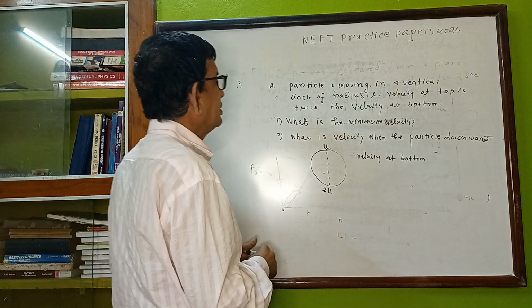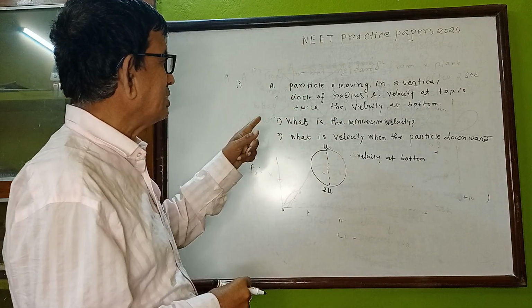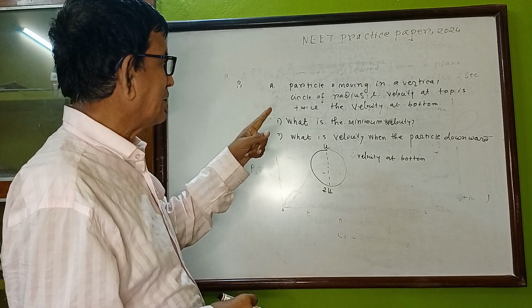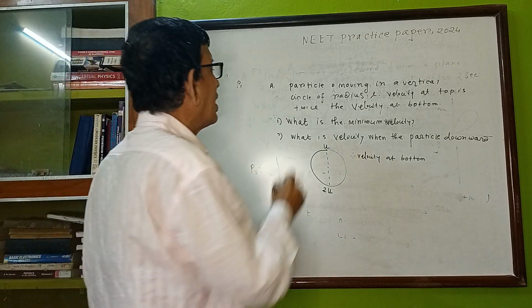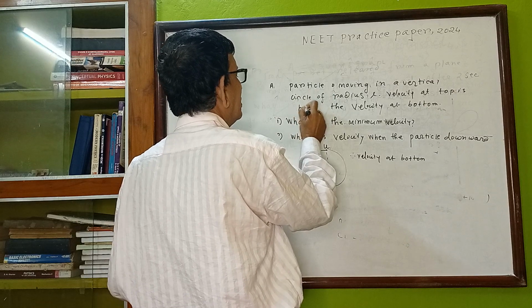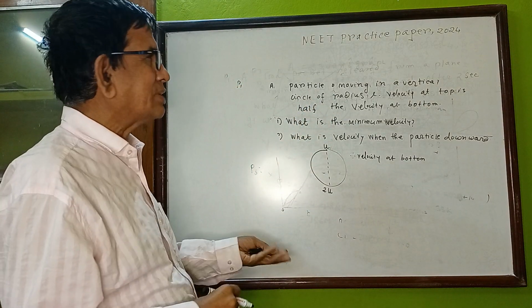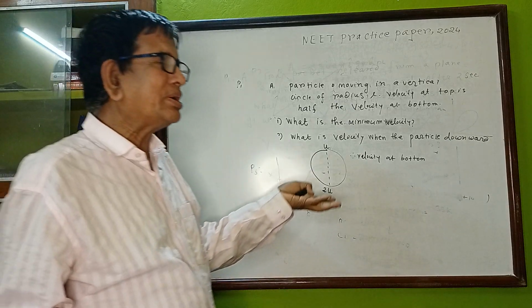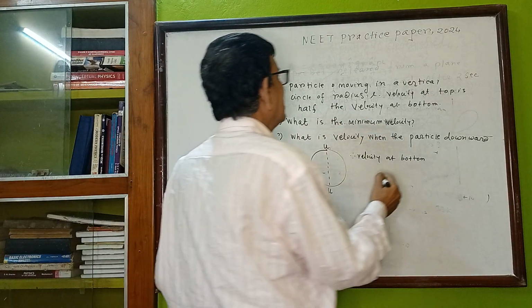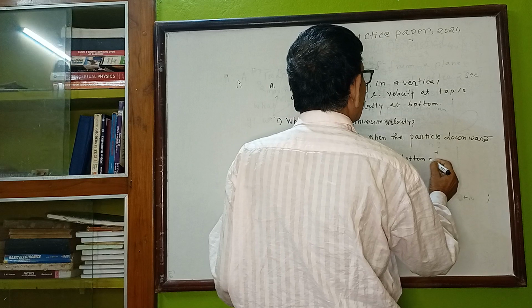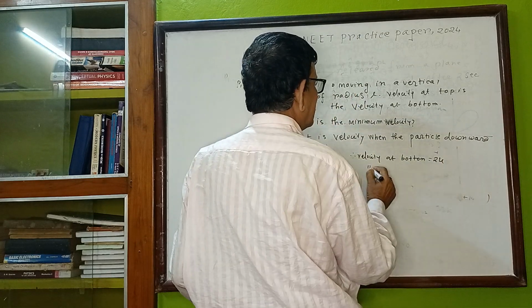Velocity at the top is half the velocity at the bottom. As the particle goes up, potential energy increases, so automatically velocity decreases. Velocity at the bottom is 2u and velocity at top is u.